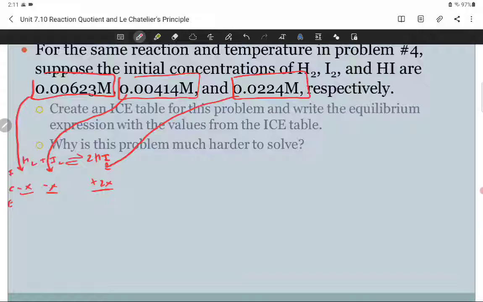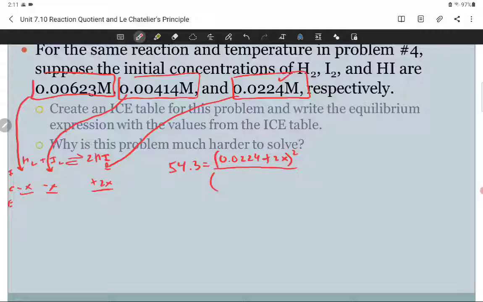We'll have to use those numbers given to us. So the equilibrium expression, 54.3, same equilibrium constant we had before. So I'm going to look at the products, and the products are 0.0224 plus 2x, and the coefficient, power of 2.